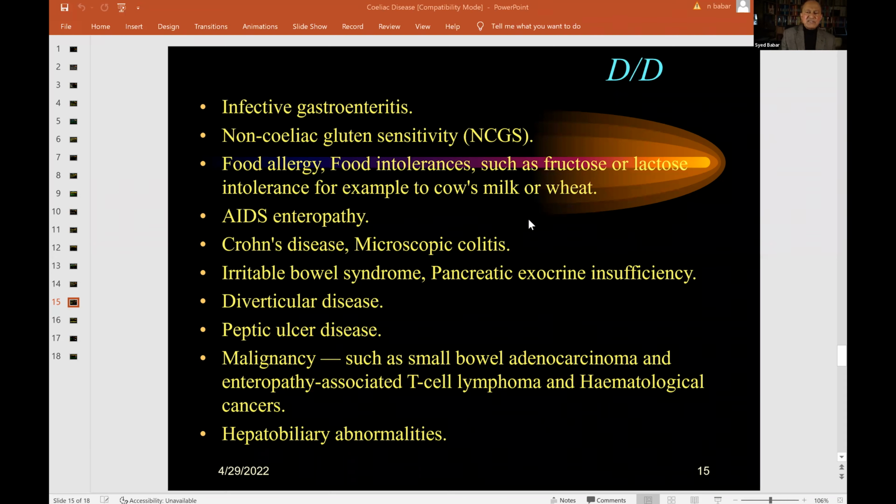So if someone has celiac disease and has increased enzymes in the liver function tests, these could be associated to celiac disease, but also due to inherent hepatobiliary abnormalities as well. So the differential diagnosis must be made and hepatobiliary conditions excluded.